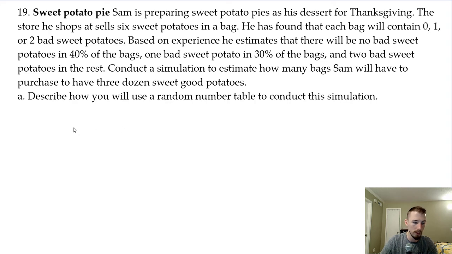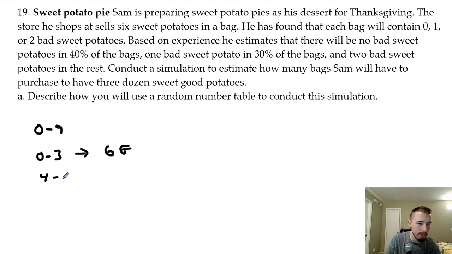So because we have numbers that are all ending in 0, like 40, 30, and 30, we can actually use numbers 0 through 9. I'm going to assign 0 through 3, which is going to be for no bad, so we're just going to say 6 good. And then 4 through 6 is going to be having 5 good.